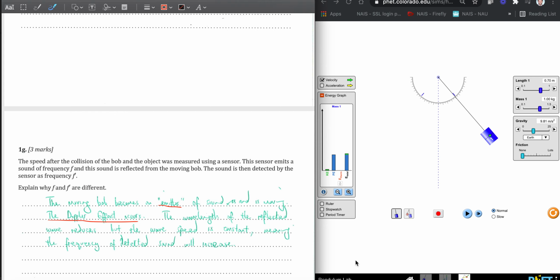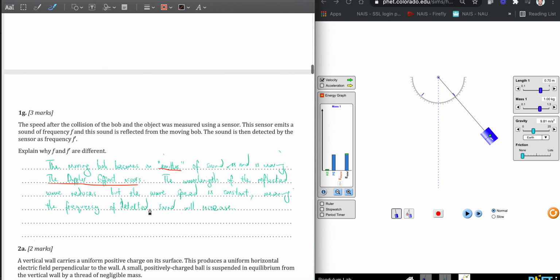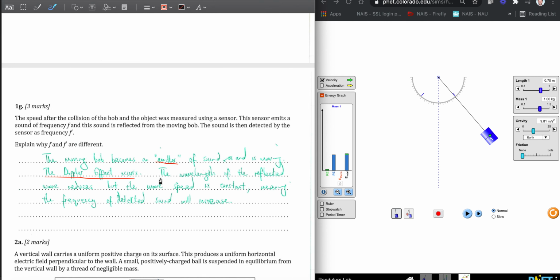Now, explaining the Doppler effect is a tricky one, and IB likes to see the following. It likes to see that you've considered that the wavelength of the reflected wave effectively reduces. However, we're still dealing with a sound wave, and it has a constant speed.